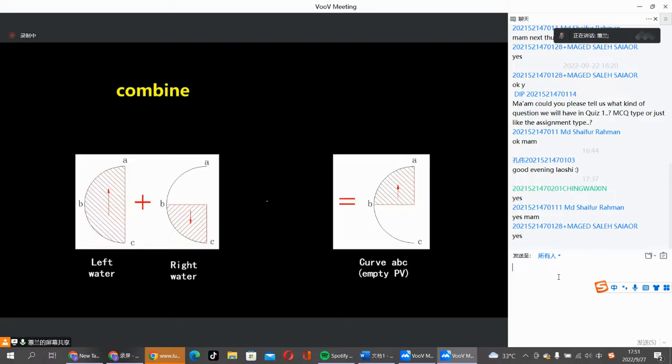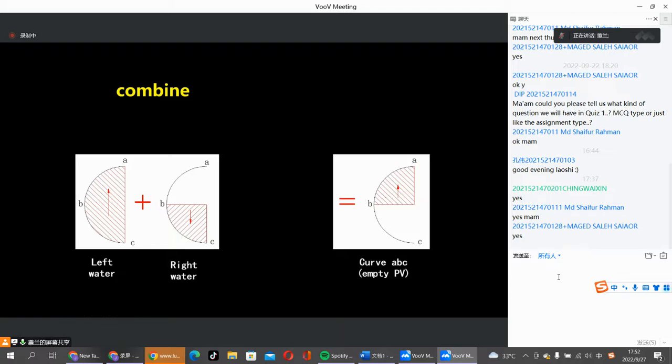And so we sum them, left water plus right water, and then you see up, down, and half of them cancel out.